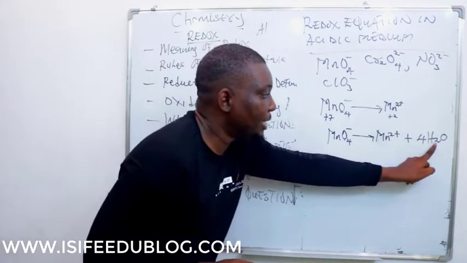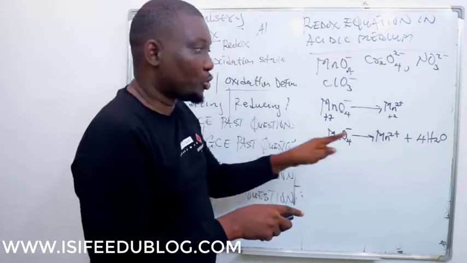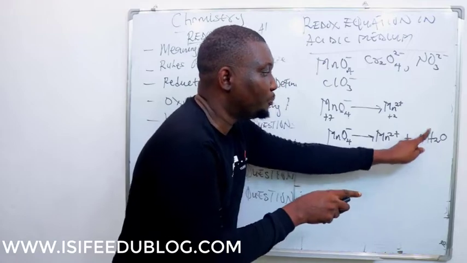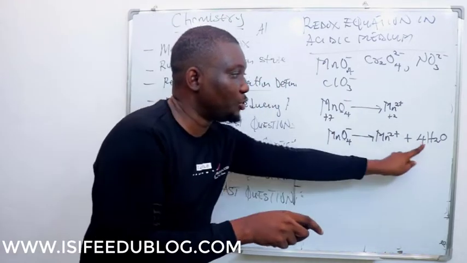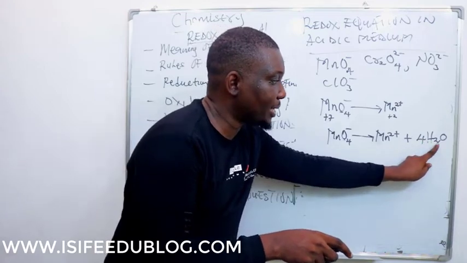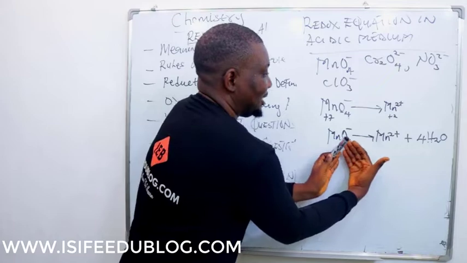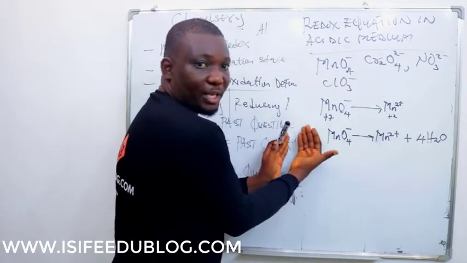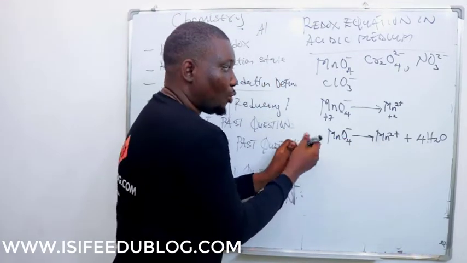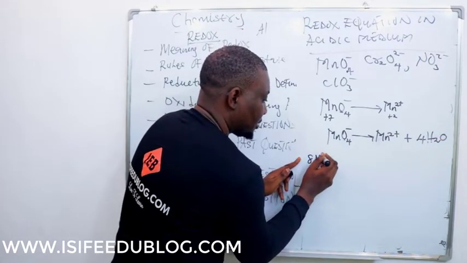The reason for adding this H2O is because we are balancing this reaction in acidic medium, since from this H2O we have a protonized form of hydrogen. So how many protons are we going to have? We have 4 here, so 4 times 2 is 8. In the next stage, oxygen is balanced, but this side does not have enough hydrogen ion. So 4 times 2 is 8, so we have 8H+.